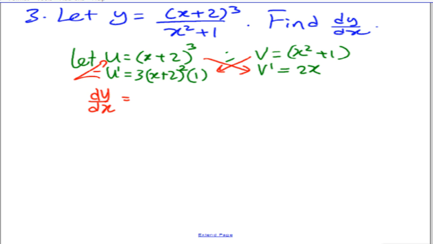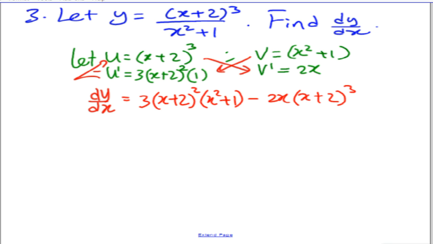It will be v times u dash, that will be 3 times (x plus 2), everything squared, times (x squared plus 1), and then minus 2x times (x plus 2), everything cubed, and then divided by v squared, which is (x squared plus 1), everything raised to the power of 2.